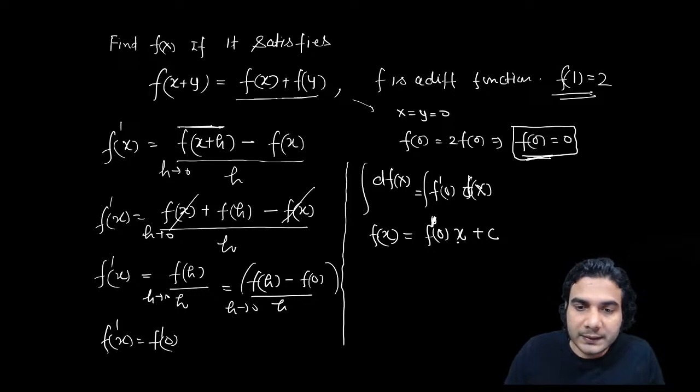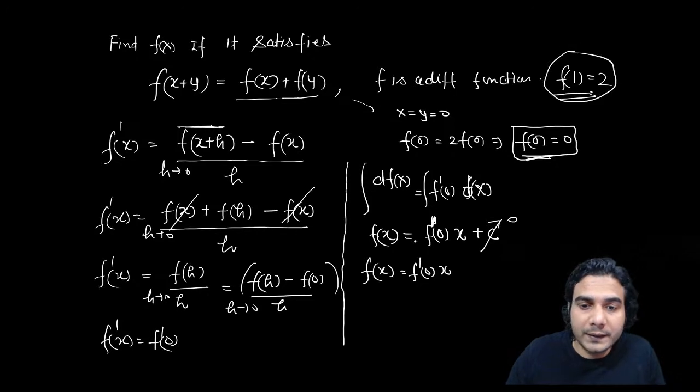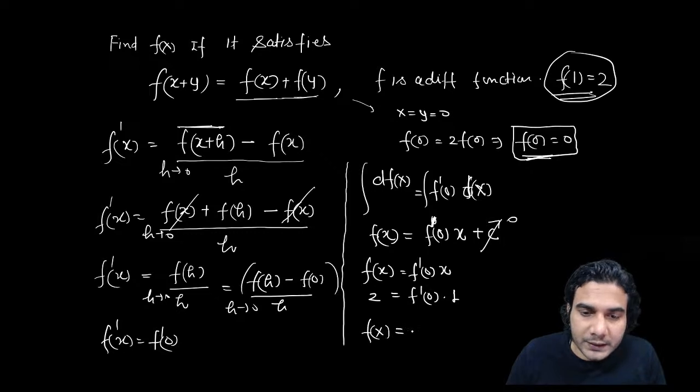So if I put f of 0 is 0, then c must be 0. So we will get this equation, f of x is equal to f dash of 0 into x. Then another value was given, f of 1 is equal to 2. So if I put x is equal to 1, this will be 2 and this will be f dash 0 into 1. So we'll get f dash 0 is equal to 2. So finally we have got this function fx is equal to twice of x, okay?